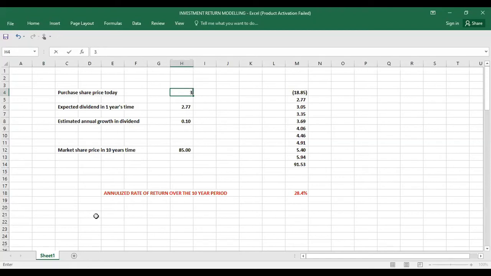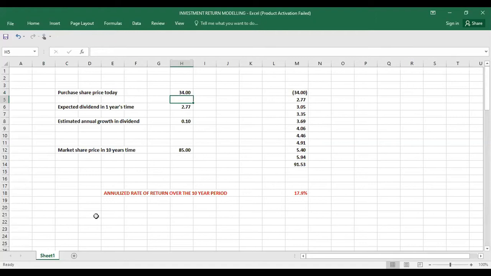And obviously there were people that purchased at 34 naira per share. So under these same assumptions, you can see that at 18.85, the return is 28.4% per annum. So I'm just going to assume that somebody bought at 34. You can see the return.